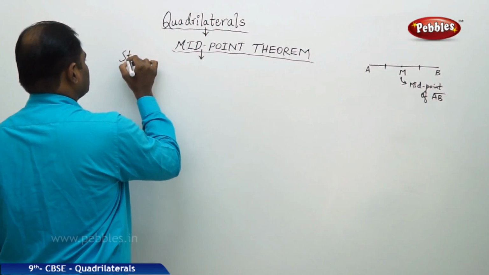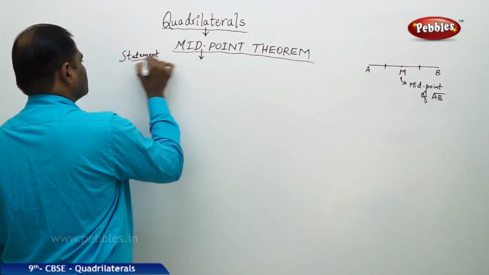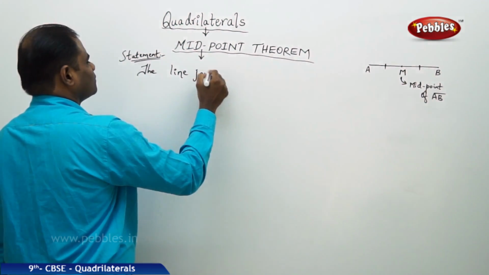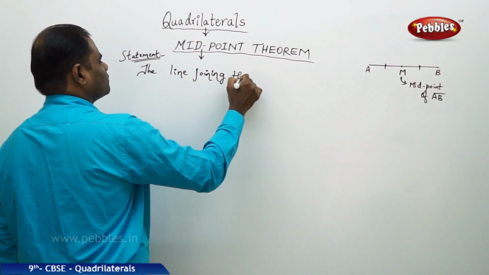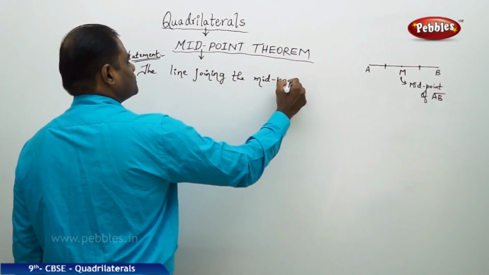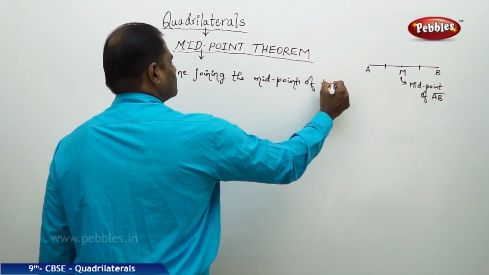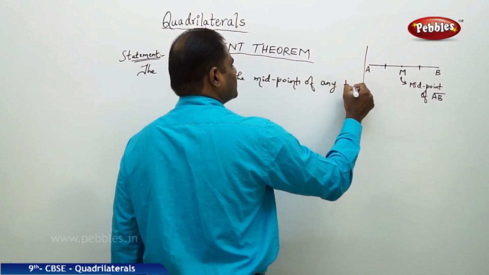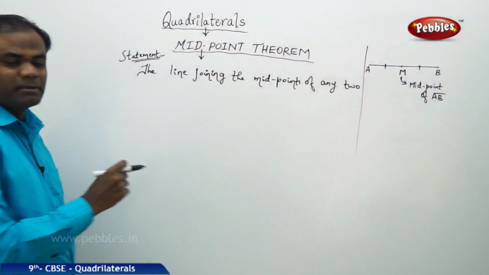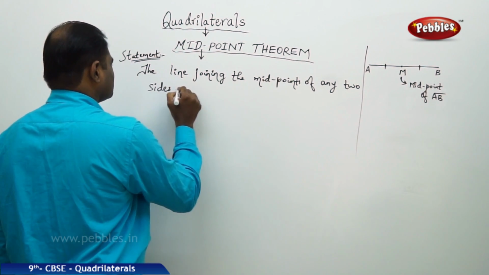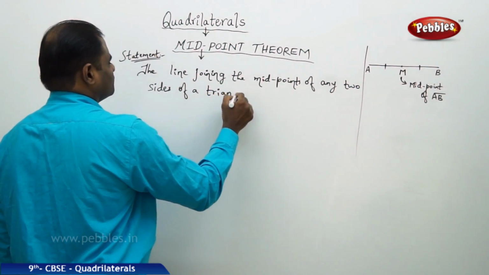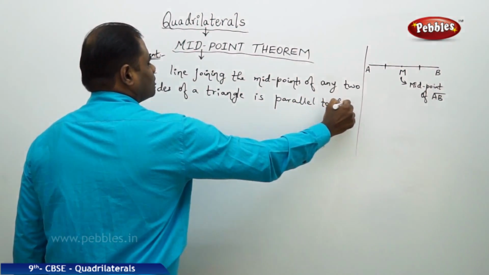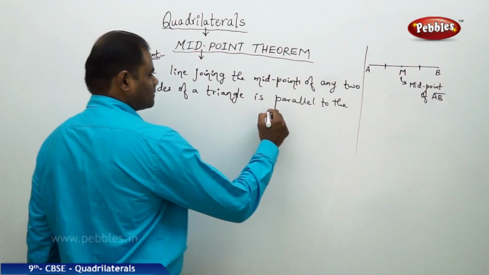The statement says the line joining the midpoints of any two sides of a triangle is parallel to the third side.